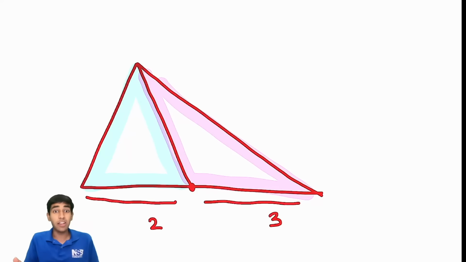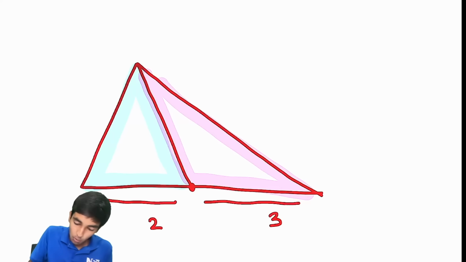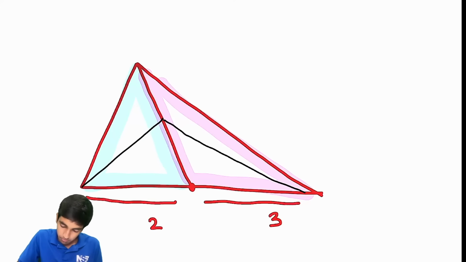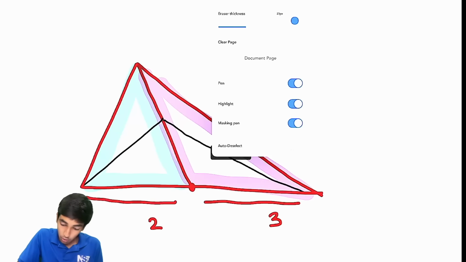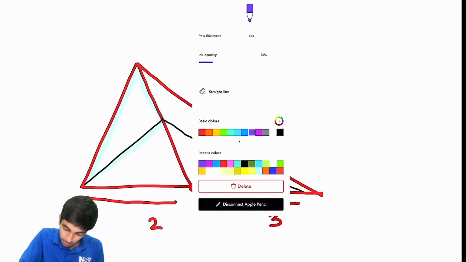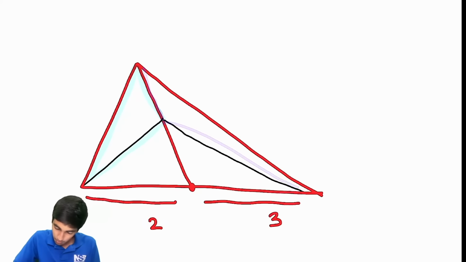Now, this might seem obvious, but its applications are super important. For example, one standard application of this is, let's say we have another triangle here. Now, the question is, what is the ratio of the area of this triangle to the area of this triangle, this purple one? Well, we can do something very similar.